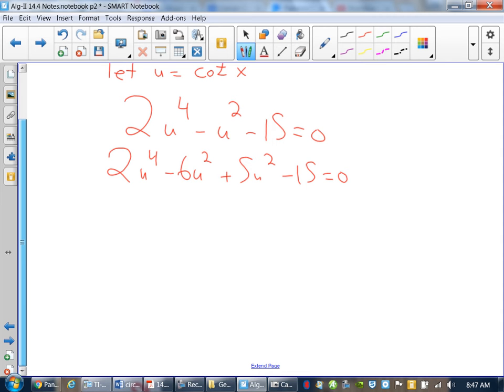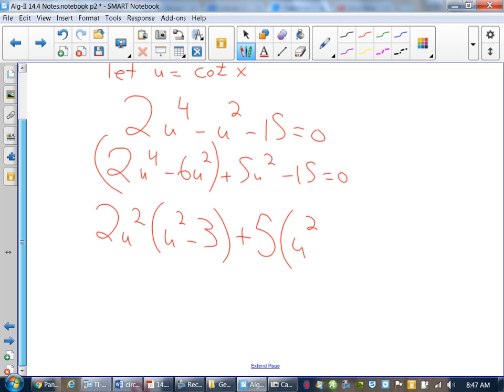When I work with GCFs, what do the first two terms have in common? 2u squared. And I'm left with a u squared minus 3. Next one I take out a 5. That'd be u squared minus 3. So far, so good?